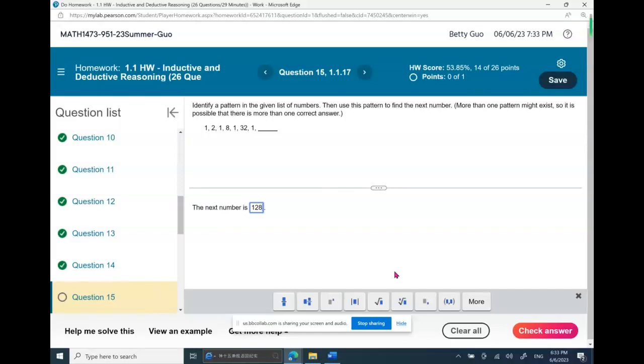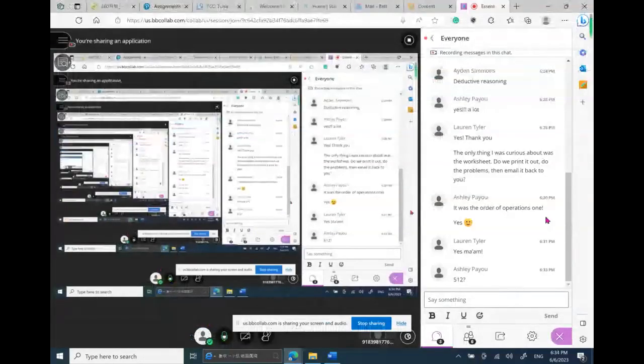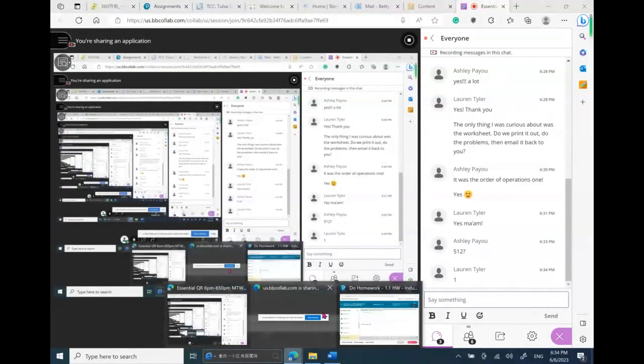Okay? I have a question here. What's the element after 128? What's the number next to 128 in this sequence?